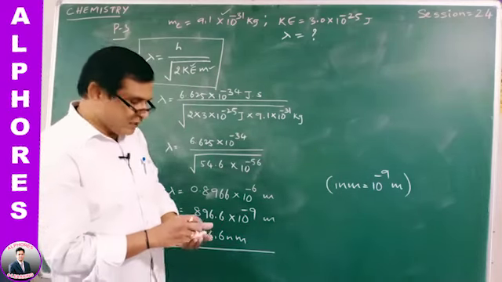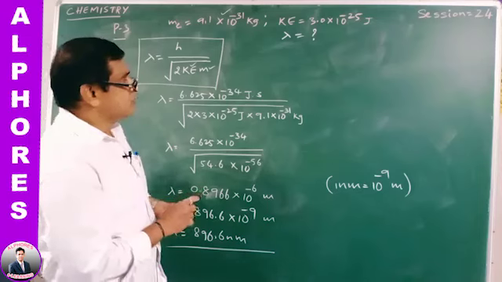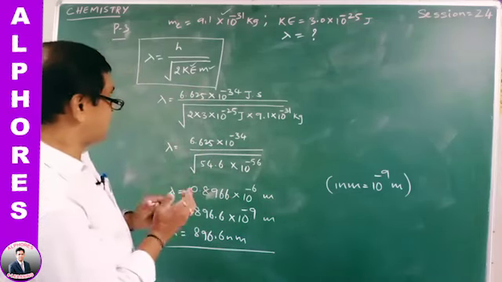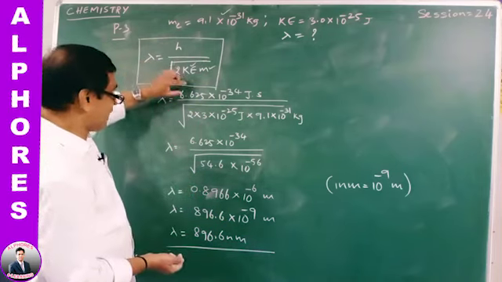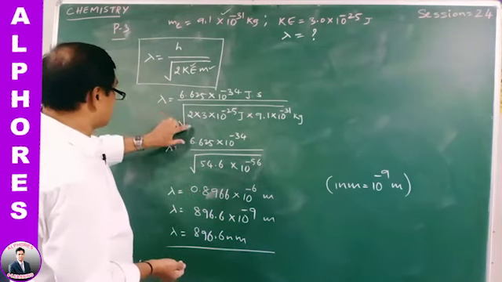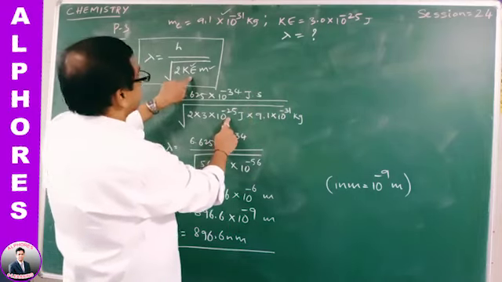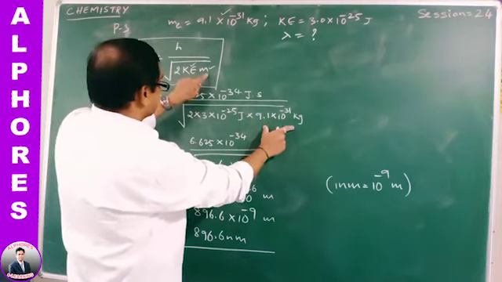Problem. Is it clear to all of you? Just few seconds I will give. Just once again go through the problem slowly. Planck's constant value and under root 2 into kinetic energy, 3 into 10 to the power minus 25, mass of the electron substituted.